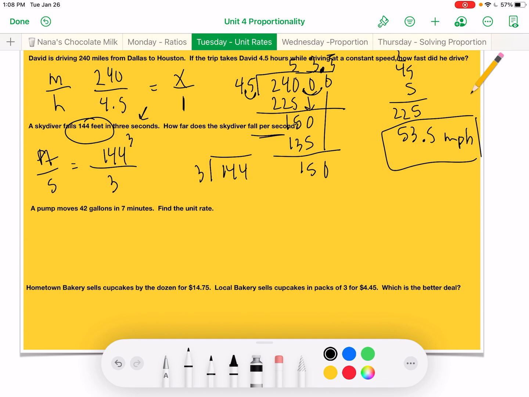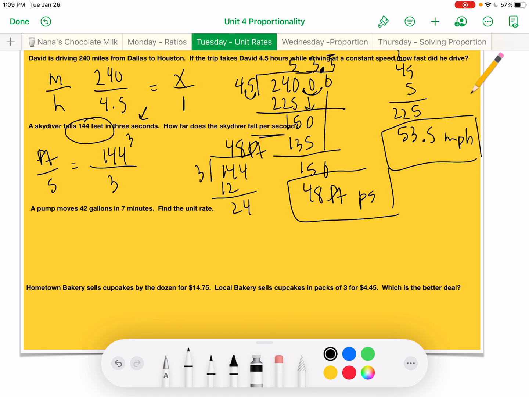And I know that if you add the digits of 144 together, 4 plus 4 plus 1, it equals 9, so this will go in evenly. So 48 feet per second. And you need to make sure you match unit to unit. Sometimes they're going to mix you up and say inches to feet, and you have to have the same units when you are comparing.